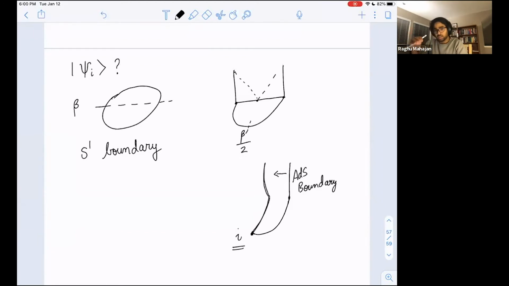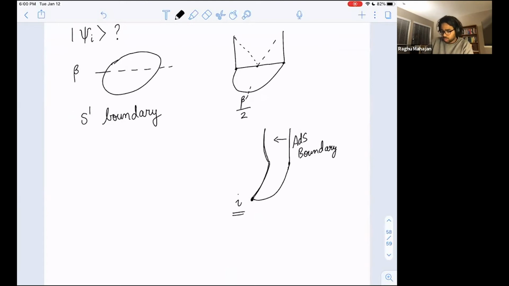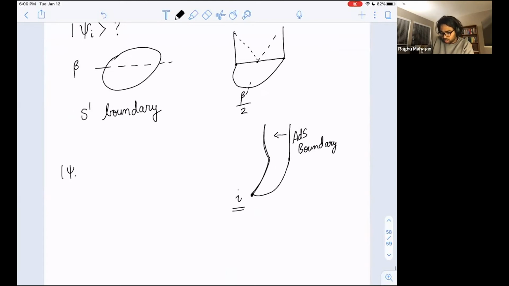That's what this index i corresponded to. So these are the states. The takeaway message from this discussion is that the state psi i is defined by a gravitational path integral whose boundary looks like this, with the free index i here. This is the state psi i.